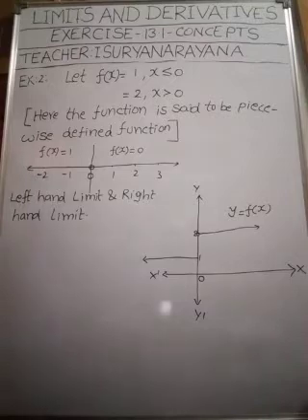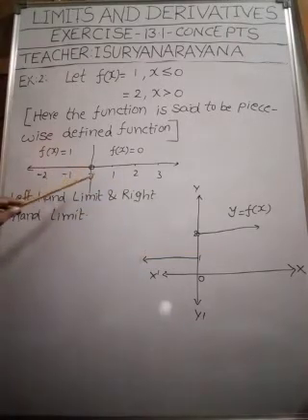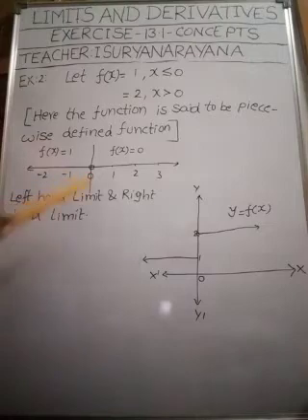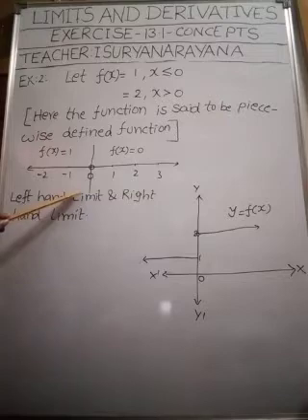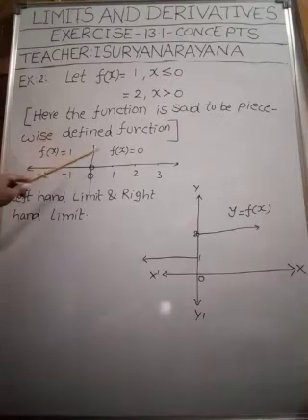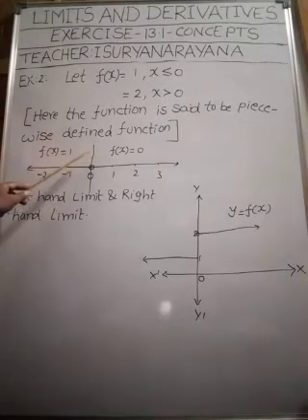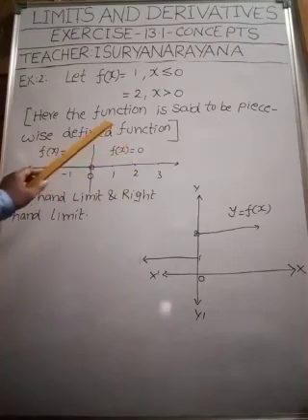Note that there are essentially two ways x could approach a number, from left or from right, that is, x less than a or greater than a. This naturally leads to two limits, namely left hand limit and right hand limit.